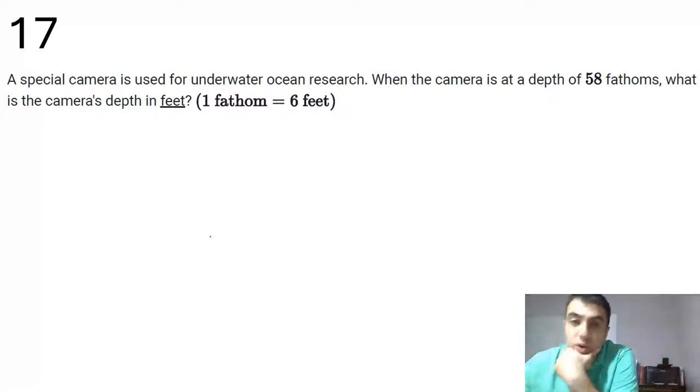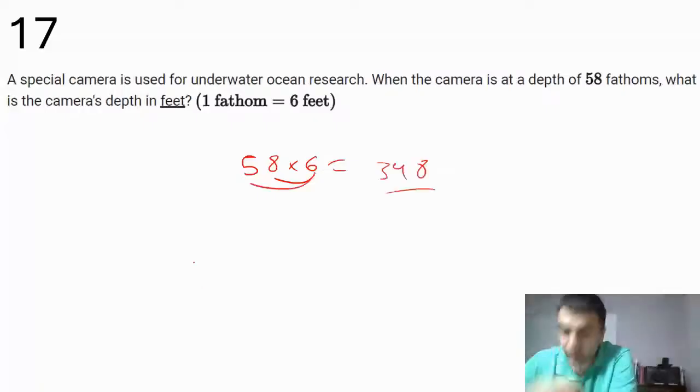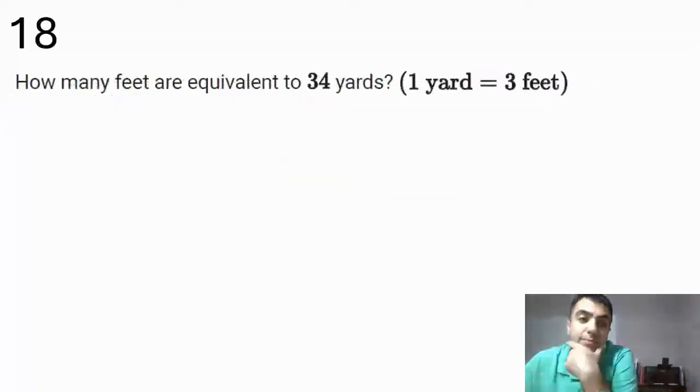Yes, Tunjay, you are right. We should do this one. You are right, guys. How many feet are equivalent to 34 yards? And 1 yard is equal to 3 feet.